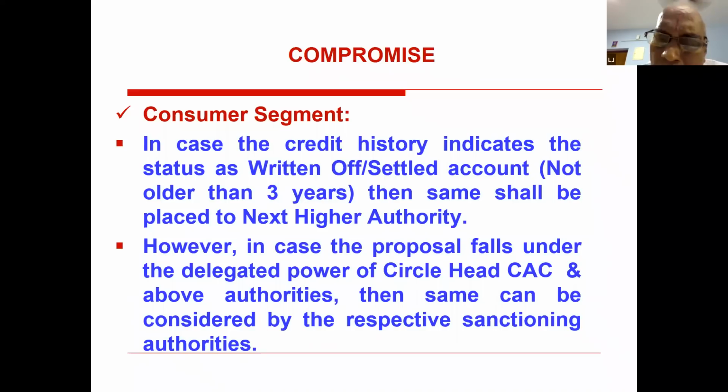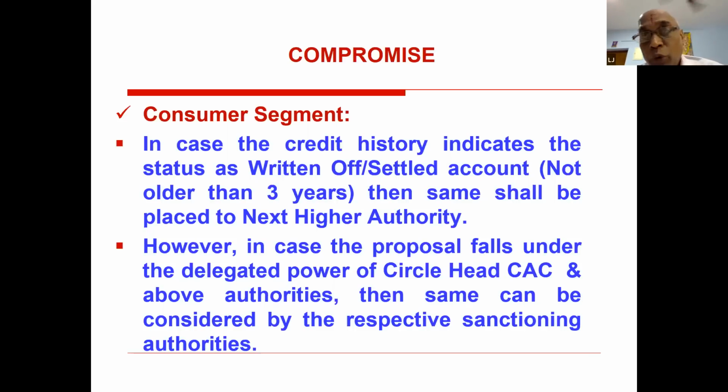Now, what we are seeing is whether loans can be sanctioned by the bank to an OTS settled party. Up to 50,000 we saw. For the commercial segment also we saw. For the consumer segment, loans settled or written off either in your bank or another bank, which appear in the CIBIL report: if the write-off is less than 3 years old, then the respective sanctioning authority cannot sanction. It has to go to the next higher authority.